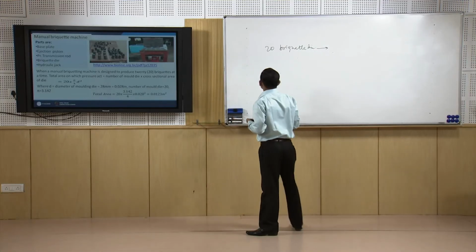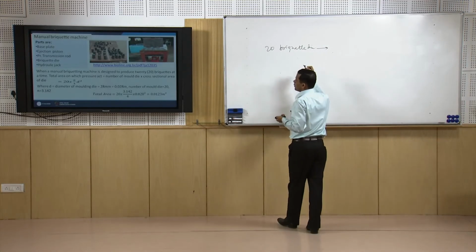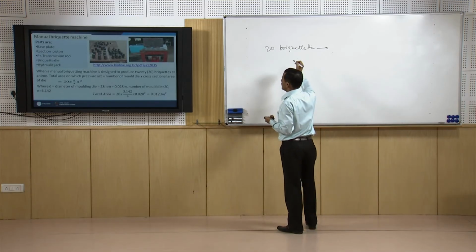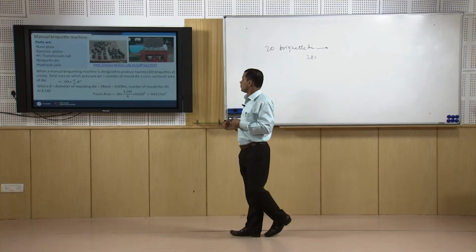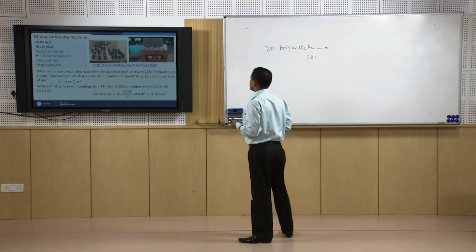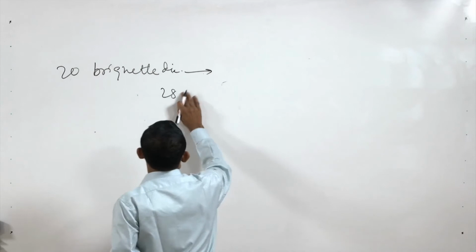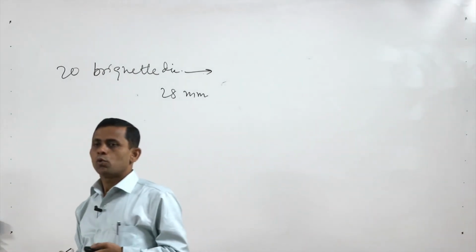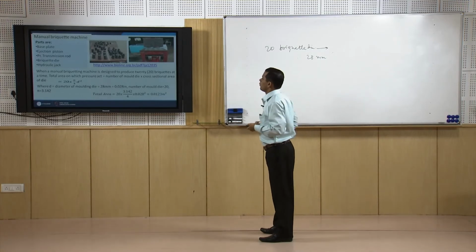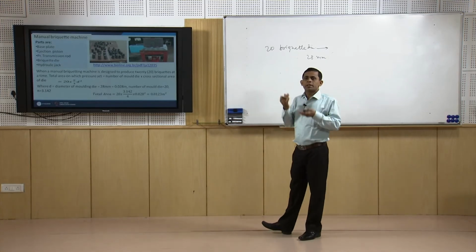If one briquette die has, say, 28 millimeter of diameter, what will be the area through which the pressure will be transmitted?